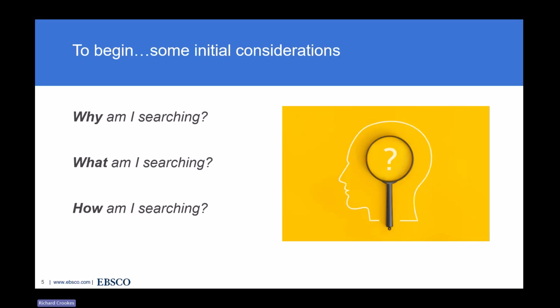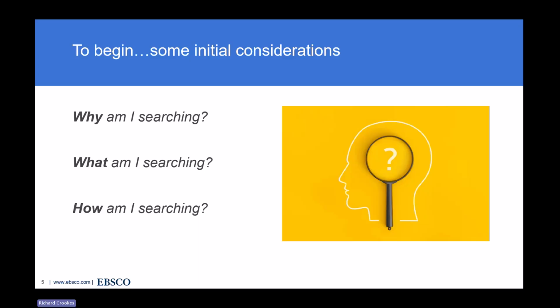So in the context of a systematic search of literature, we need to consider, first of all, why am I searching? In support of what? It could be in support of locating a series of articles for a user at their request. It could be in support of a systematic review, of course. Also, what are we looking for? What am I searching? What kind of content?